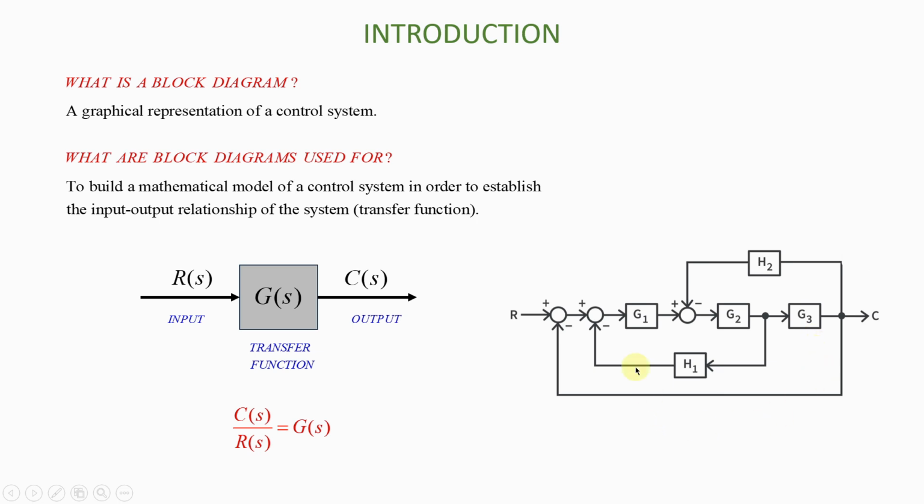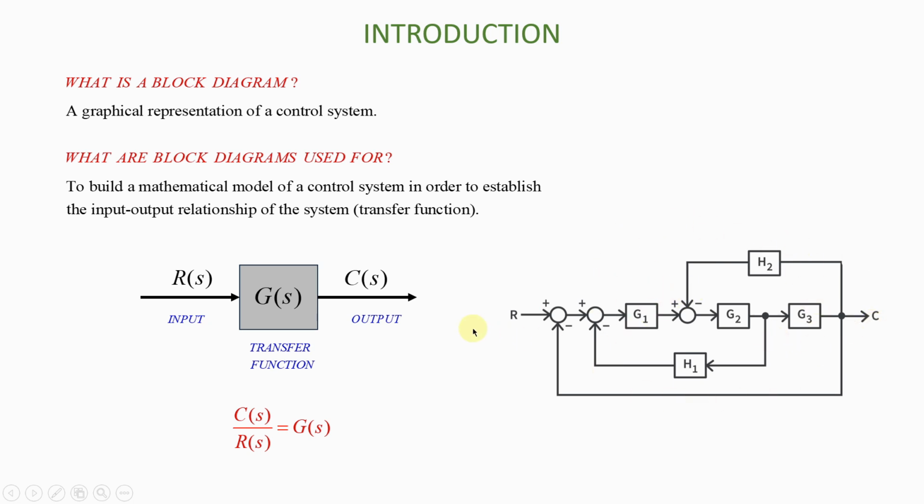And so, in order for you to be able to establish the relationship between the input to the system and the output of the system, what you need to do is to reduce this system that you see here into one block. So you need to find a block that can replace everything that is going on here, but that will still give the same output as this whole system.